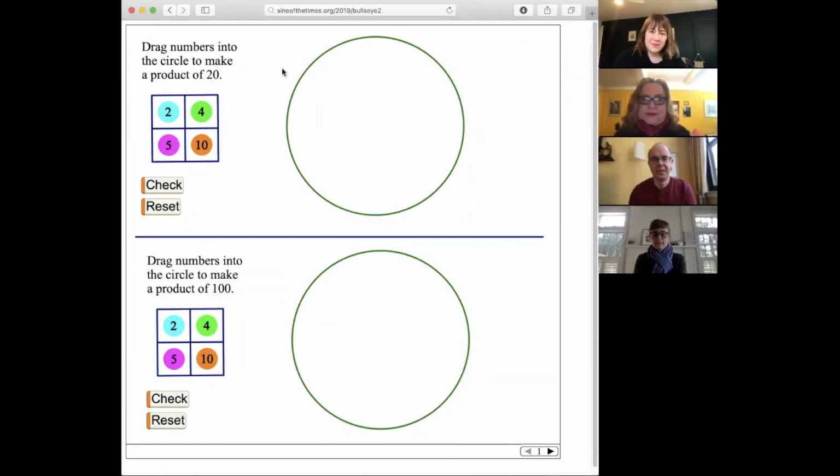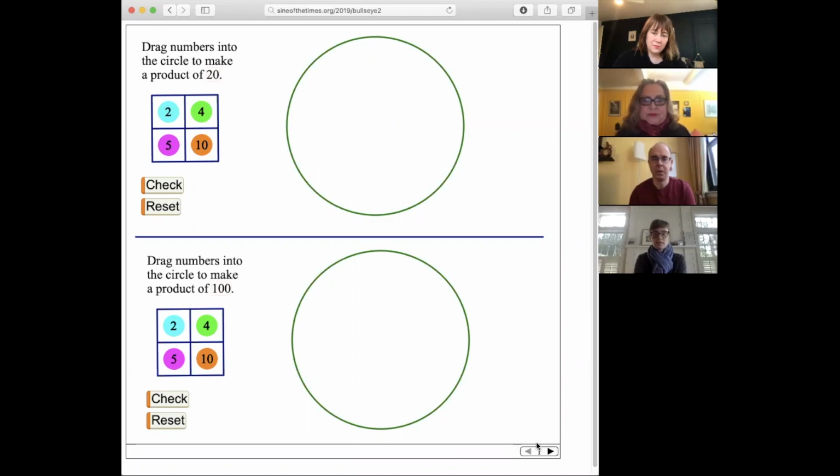We've just had the opportunity to look at solving a game where the product of the numbers was 20, and then a related game where the product was 100, and the relationship between solving these two. We wanted to give students an opportunity to see a similar relationship, so we built a second page of this game.